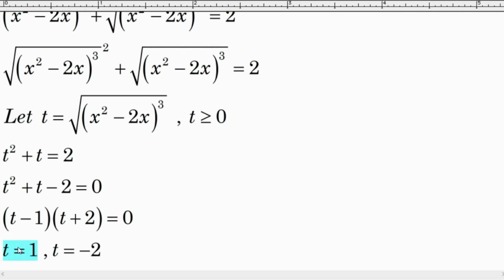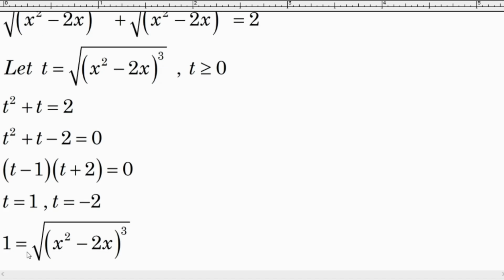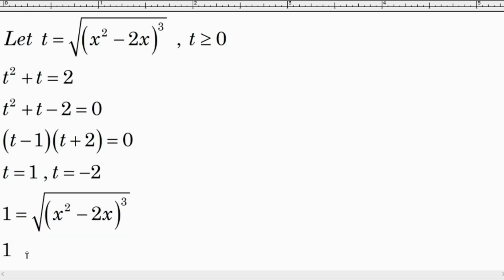Now we substitute t = 1 into our original substitution. When t = 1, this equation becomes 1 = √((x² − 2x)³). Now we can square both sides of the equation. We get 1 squared equal to the second side also squared.